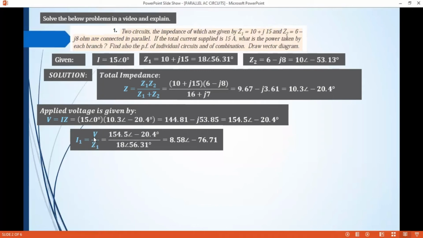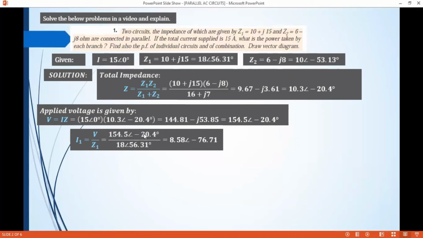So we have V over Z1. Let's substitute the values from the formula. So we have 154.5 angle negative 20.4 degrees over the impedance 1, which is here 18 angle 56.31 degrees.